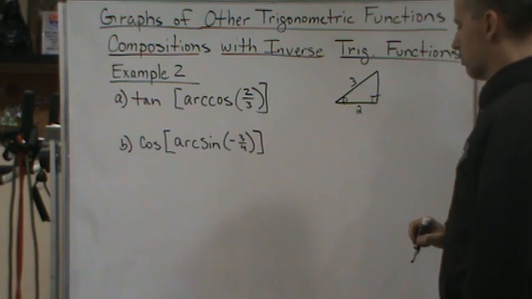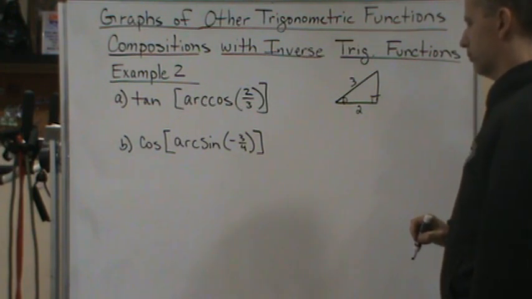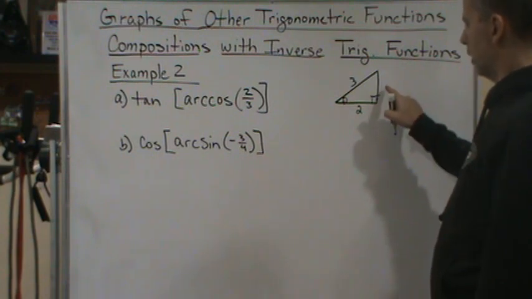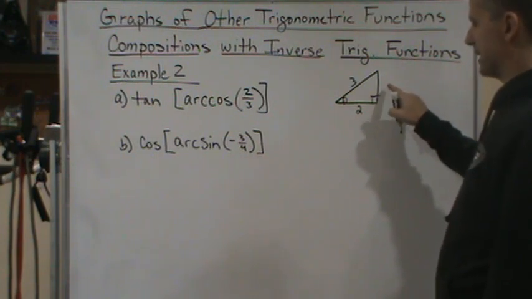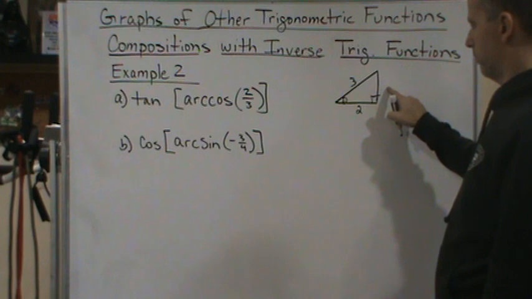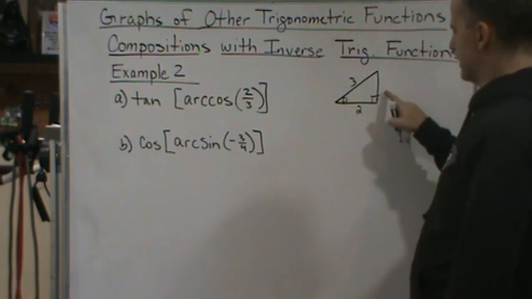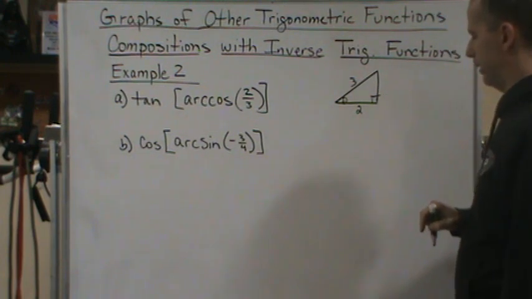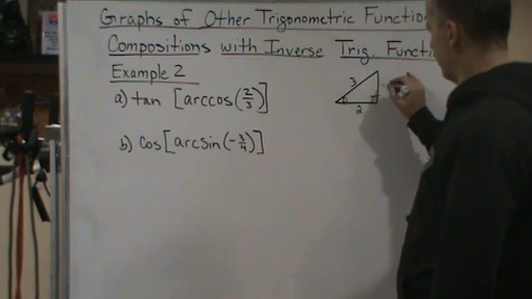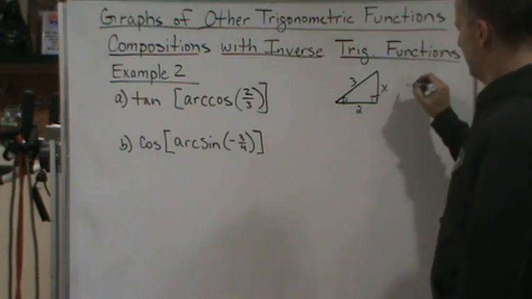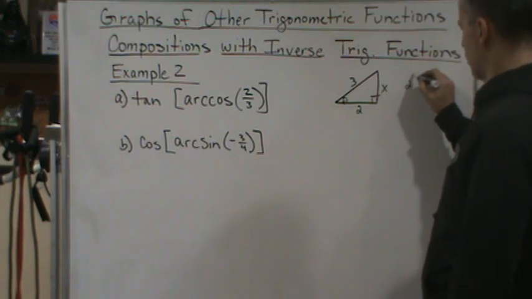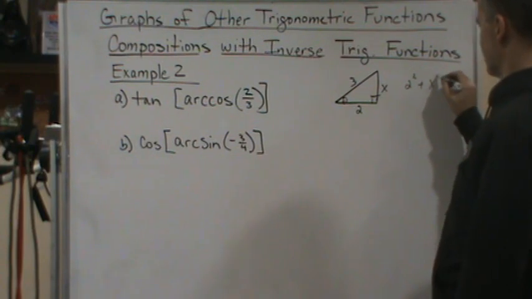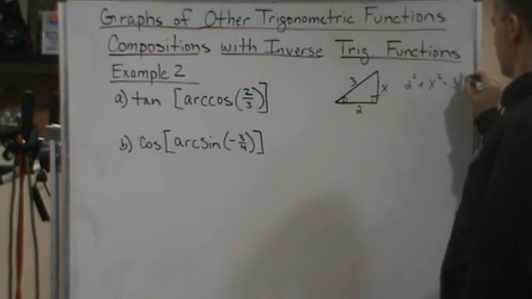Now, let's find what this missing side here is. Let's use the Pythagorean theorem. So we know that 2 squared plus x squared equals 3 squared.